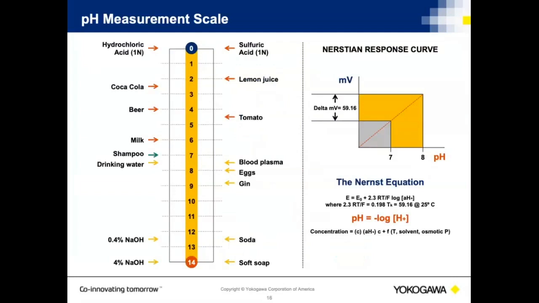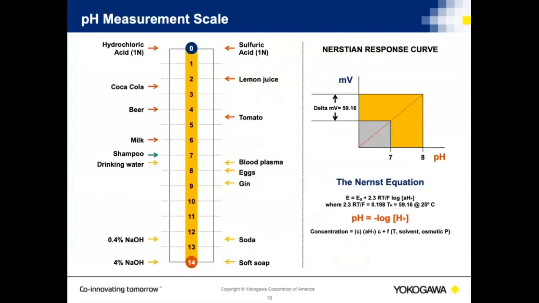pH is the negative log of the hydrogen ion concentration. You can see a little bit of the equation down there in the lower left. The result is an equation where we have to establish a reference voltage, E sub 0, and then we look at the negative log of the hydrogen ion, which is affected by temperature.